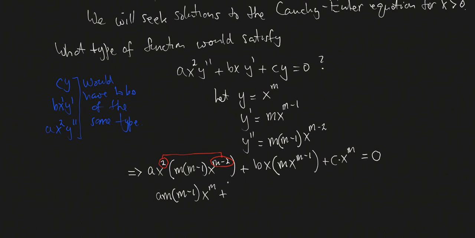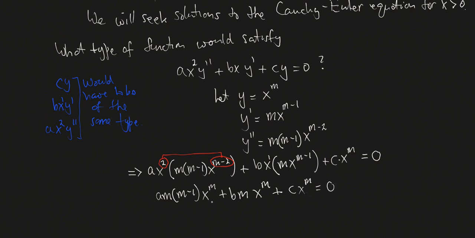And then plus, same thing, I have a b, I have a factor of m, but then I have x to the first power times x to the m minus 1 power. Adding those exponents, because we're multiplying, gives me x to the m. And then finally, I have plus c, x to the m, and that's equal to 0.